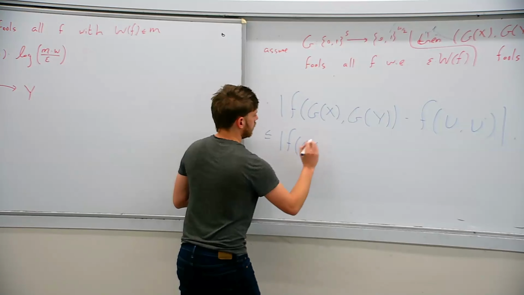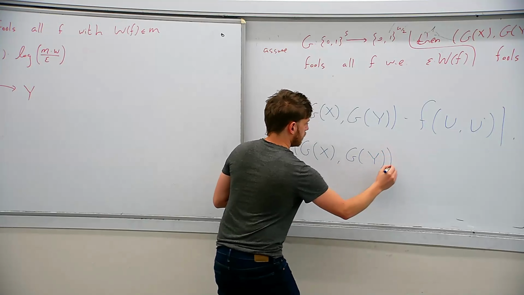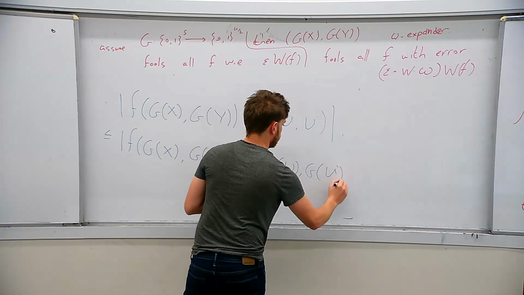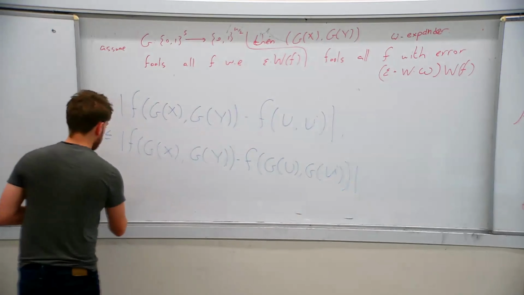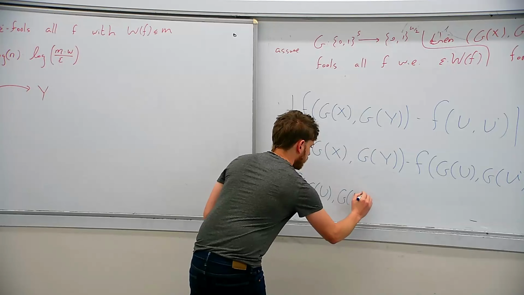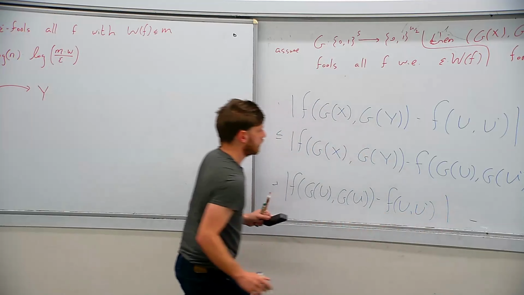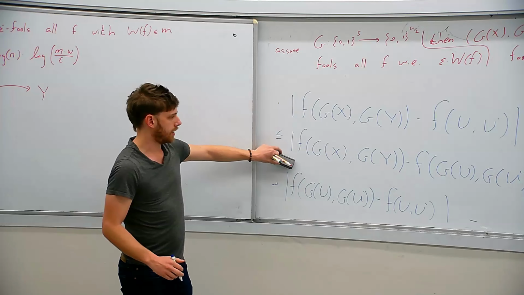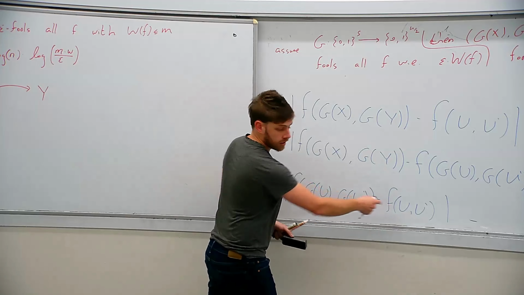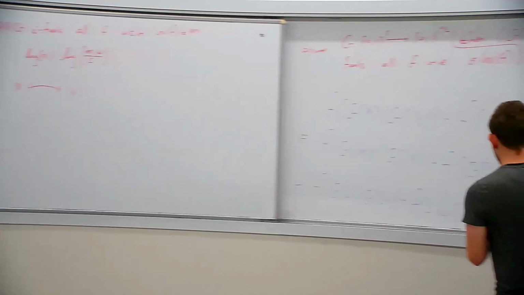First, F of G of x, G of y minus F of G of u, G of u prime, plus F of G of u, G of u prime minus F of U. Okay, so in the first term, I handle the correlation of x and y, and in the second term, I handle the errors of the PRG. So let's bound the second term first.